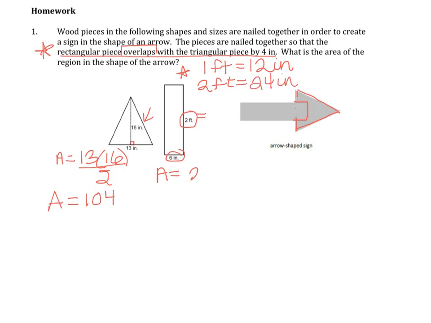See, it looked very funny to me at first because if you look at the length, that's always greater than the width. Okay, and 2 is definitely not greater than 6, but in terms of feet, it sure is. So 24 inches is my new dimension. So that's going to be 24 times 6, which gives me a product of 144.